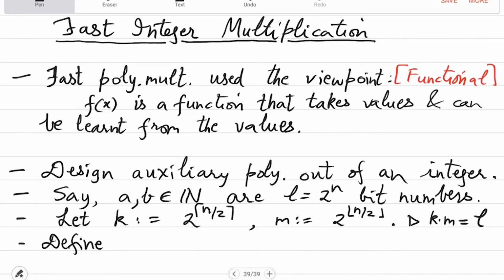So let us define that. So a hat x, the auxiliary polynomial out of A, is the sum of ai hat x to the i, where ai hat is the ith coefficient and i goes from 0 to m minus 1. And similarly b hat.